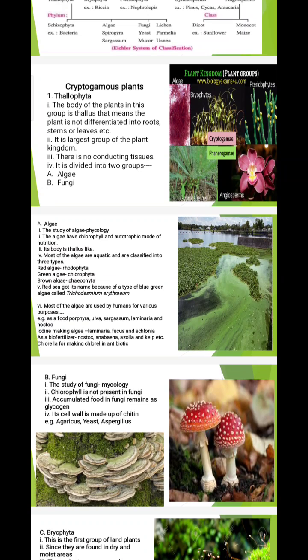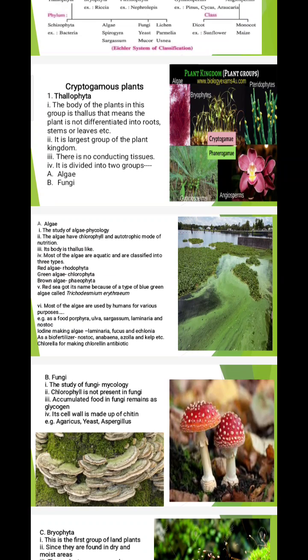Most of these algae are aquatic, and they are classified into three main groups, that is Rhodophyta, Chlorophyta and Phaeophyta. Rhodophyta means the red algae. Chlorophyta means green algae, and Phaeophyta means brown algae. So according to the colors, the different algae are differentiated.